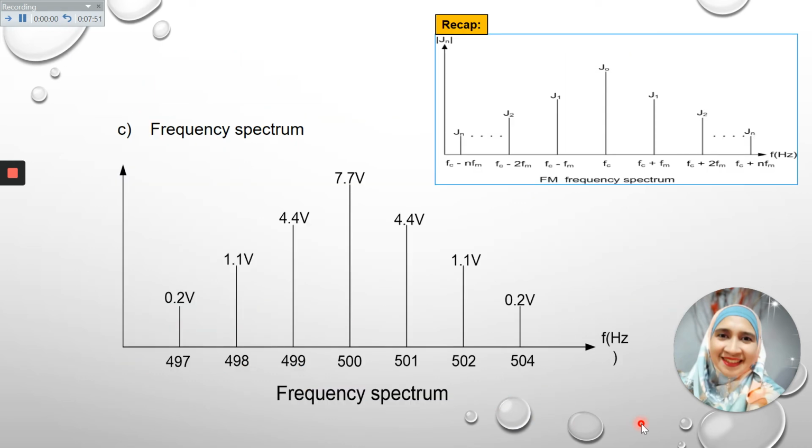Okay, to draw this frequency spectrum, so recap, this is what we need to draw: J0, J1, J2, up to Jn, and also the same at the left side. So this is what we have. When our frequency FC is 500, our J0 is 7.7. So J1 is 4.4, 1.1, 0.2. This is the same as this one.